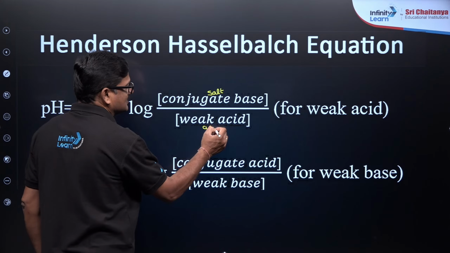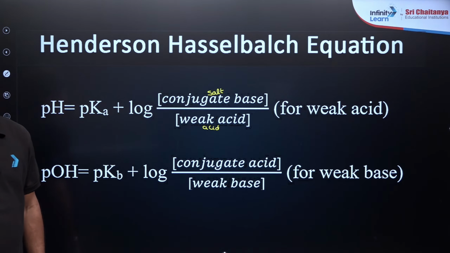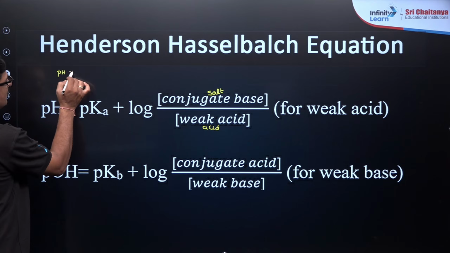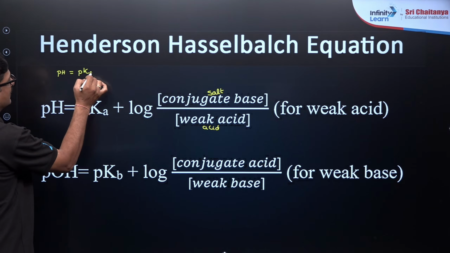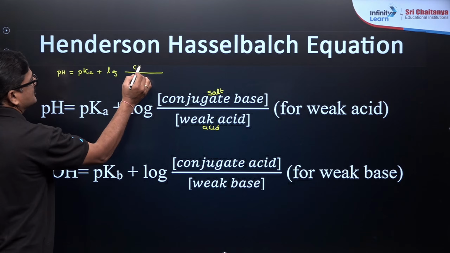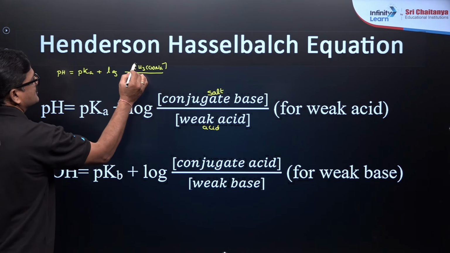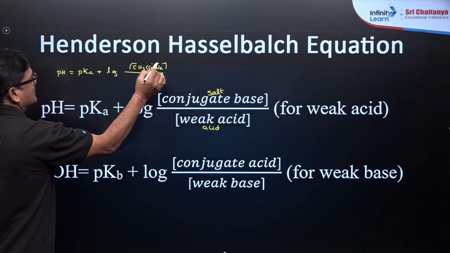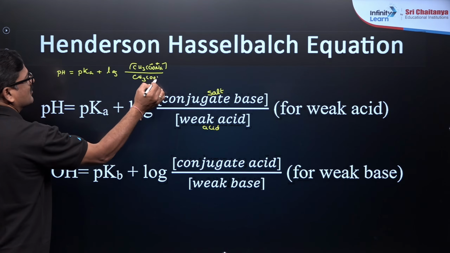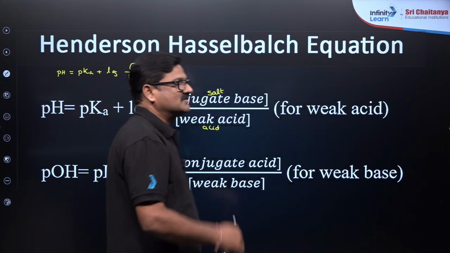If it is a weak acid, pH is equal to pKa plus log concentration of the salt, CH3COONa, which is the conjugate base, and CH3COOH, the acid. Like that it will be given in the question.